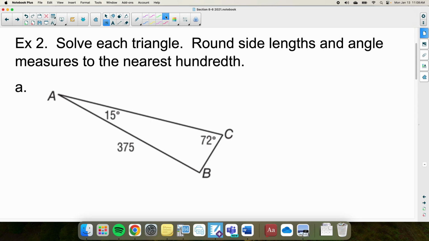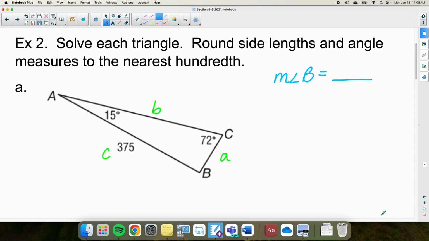So the first thing we'd have to find here is the measure of angle B, which is going to be easy. And now instead of calling this side AC, what we're going to do is label our sides in these triangles. So across from angle C is little c, across from angle A is little a, and across from angle B is little b.